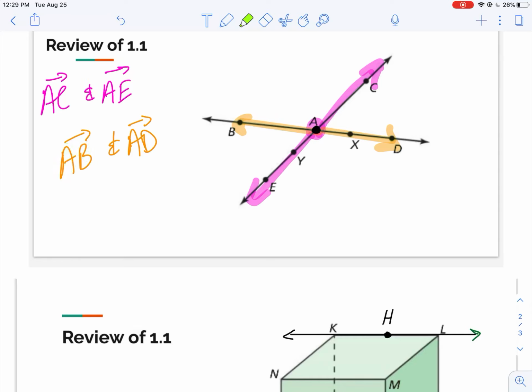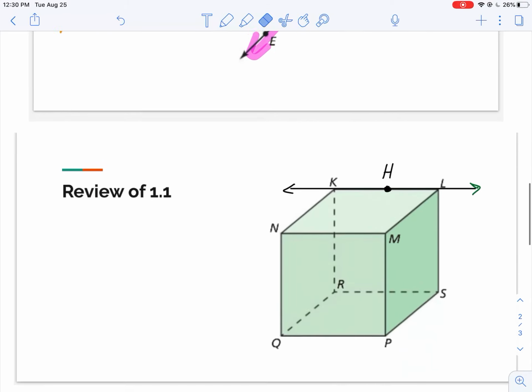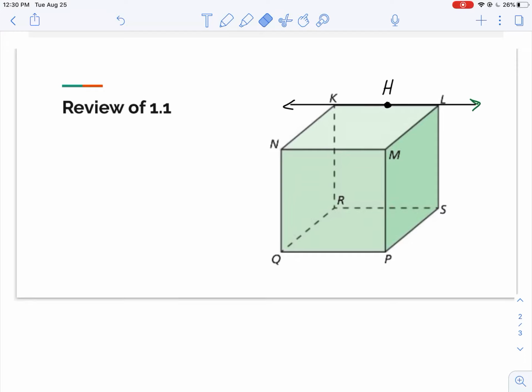In that case, B. So this ray up top tells me I start at A and I go toward B, or I start at A and go toward E, or I start at A, go toward D. So that's why we name these the way that we do, even though the arrows are not necessarily pointing the same direction as they would be on our diagram. It just tells us more clearly what's our starting point, what's our ending point, and it makes things a little less complex.